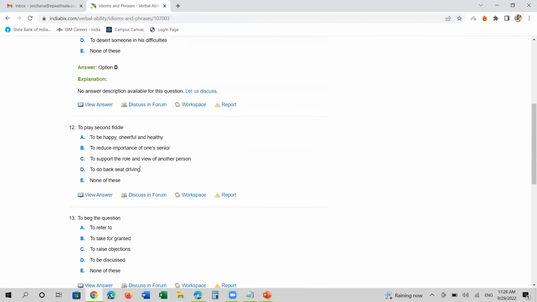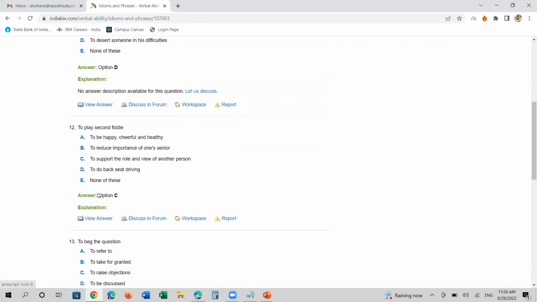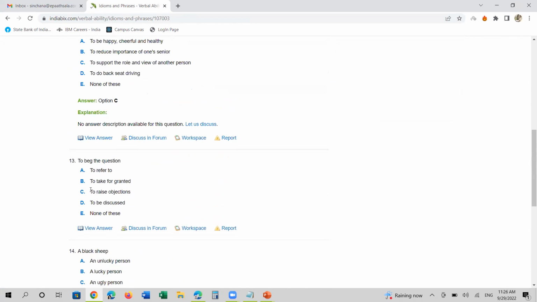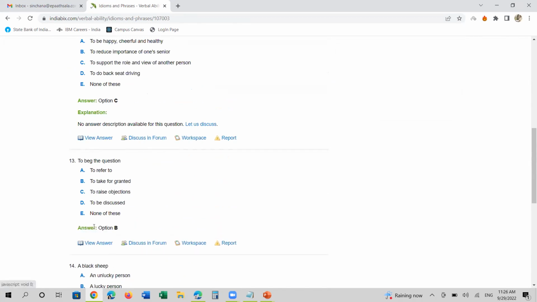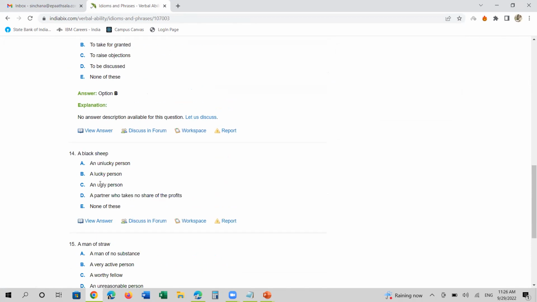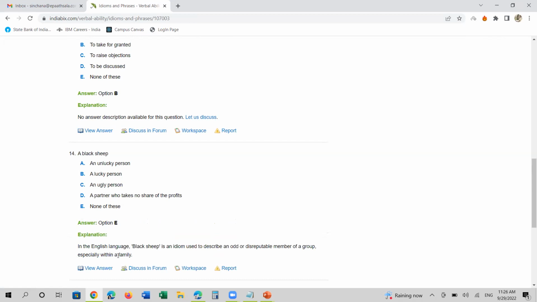To play second fiddle means to support the role and view of another person. To beg the question means to take for granted. A black sheep means it's very common. None of this.